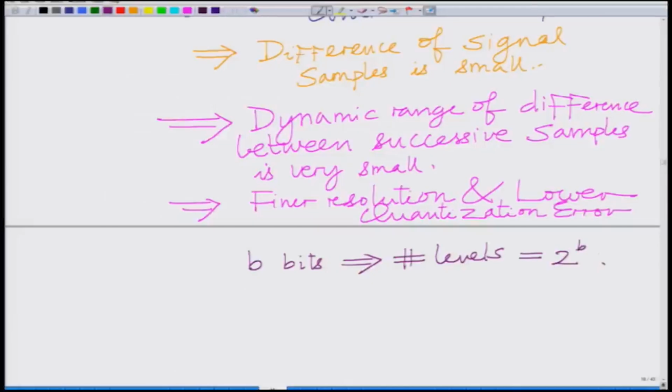So, the idea is if the dynamic range is large, the number of levels is the same, so the quantization intervals are going to be wider, that is 2 to the power of b intervals in this large dynamic range. If the dynamic range is small, then we have the same number of intervals, so the average width of each interval is going to be smaller, which means the quantization is finer and therefore the quantization error is lower. That is the principle of delta modulation.